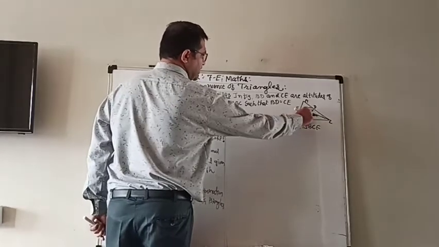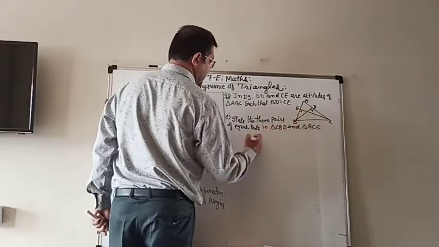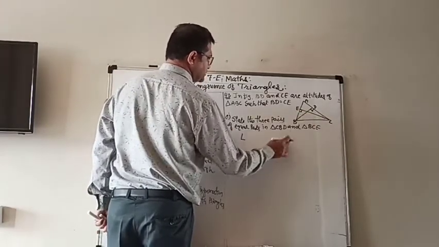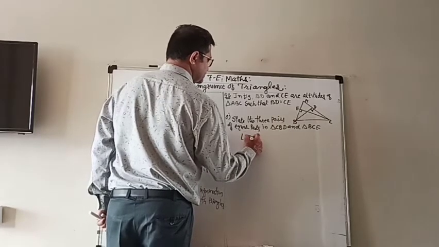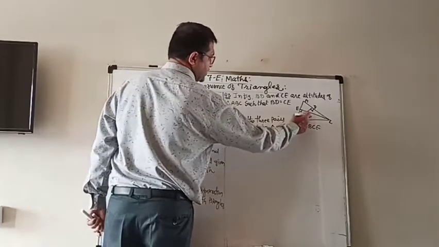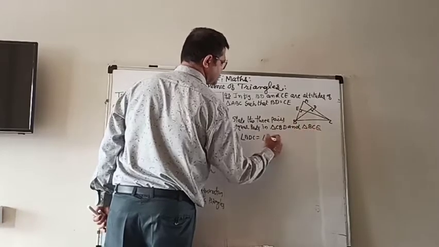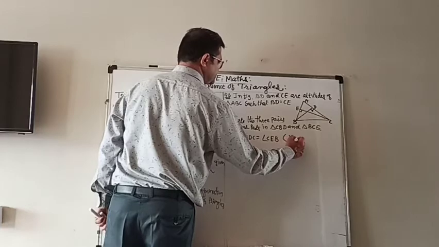Which angle? Angle E and angle D. But we cannot write it like that, angle D, the D must be in the middle. So angle BDC is equal to angle CEB. Right angles.